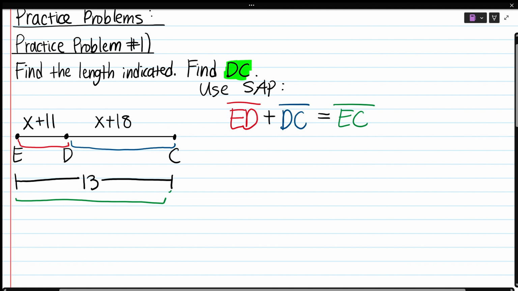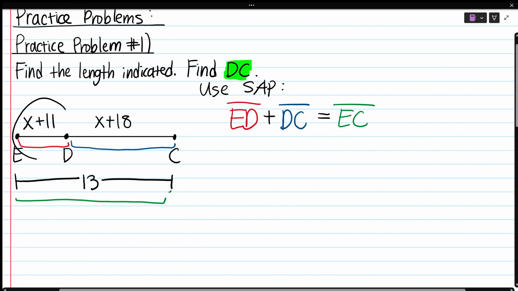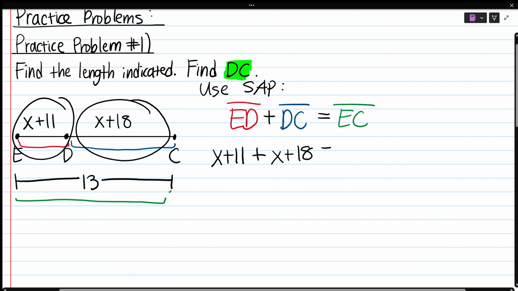We know based on the picture, ED is x plus 11, DC is x plus 18, and then EC is 13 down here, that's the length of the entire line.